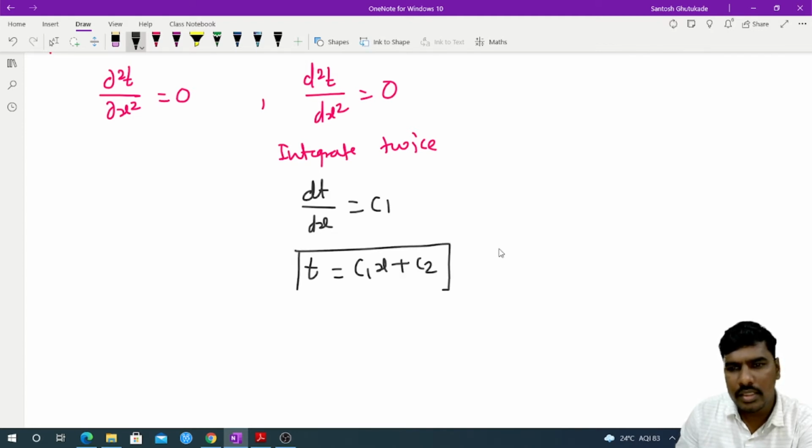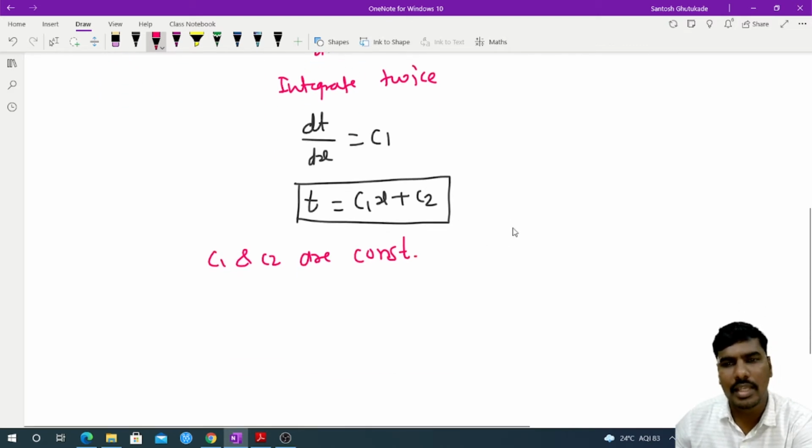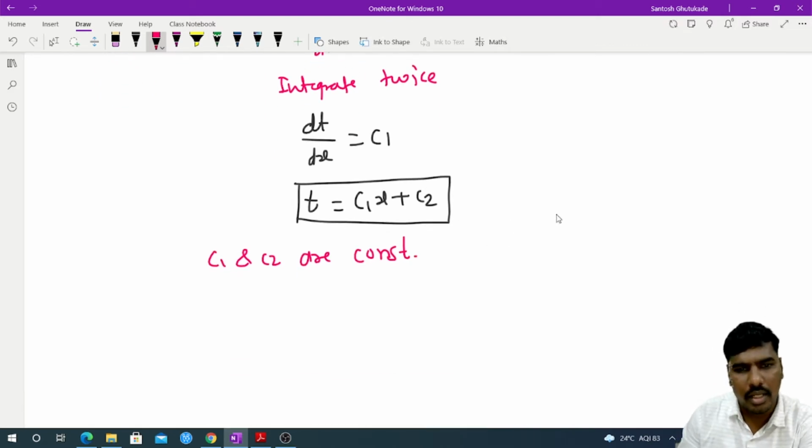So this is the temperature distribution equation, T is equal to C1x plus C2, where C1 and C2 are constants. The values of these constants are calculated from the boundary conditions.